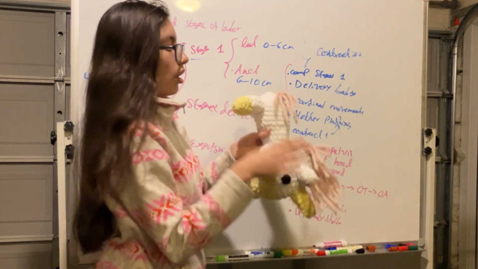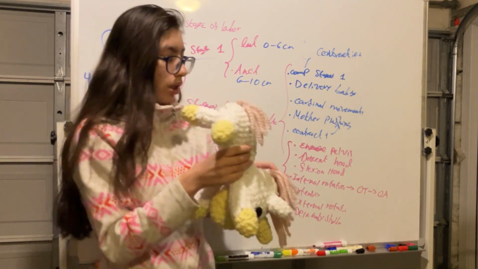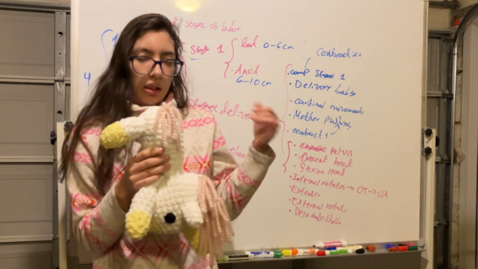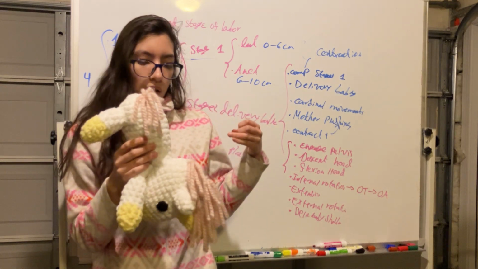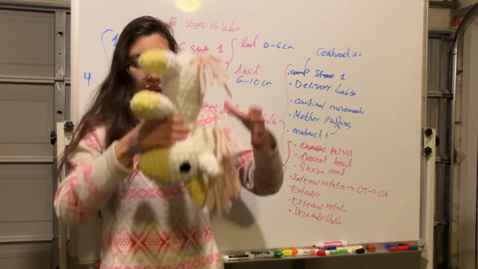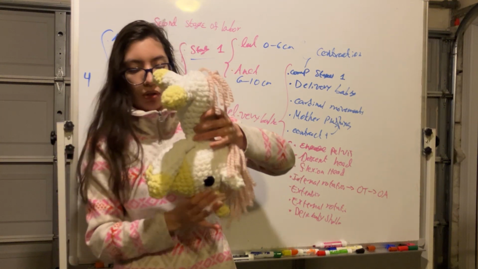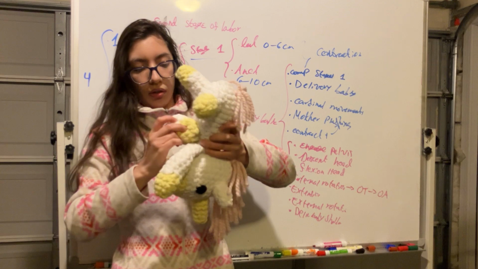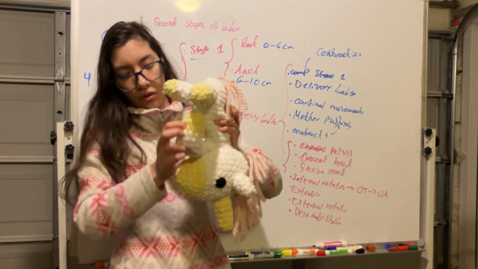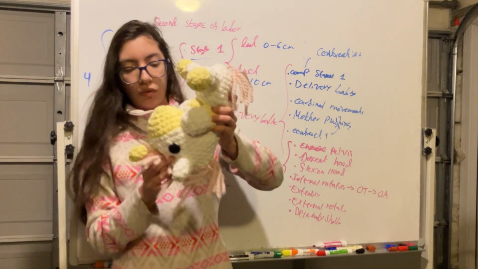posterior shoulder. So again, the cardinal movements would be, at the same time, engagement, descent of the head, and flexion of the head.